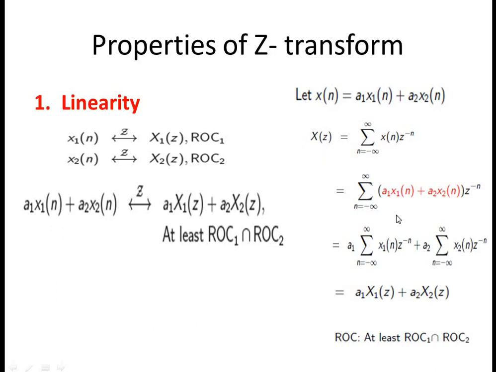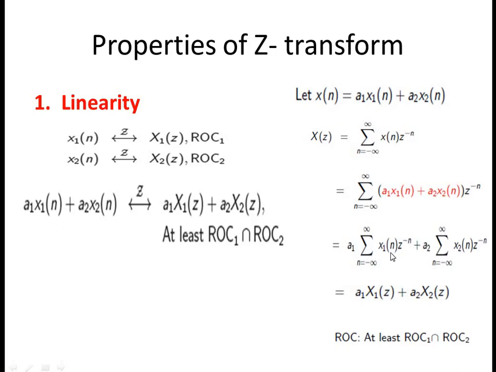After replacing, a1 and a2 are constants, so we can take them out of the summation block, and here we have x1 of n into z power minus n, like here too we have x2 of n into z power minus n, and this is also looking like the general form. All we are going to do is try to make all the steps look like the general form. This is what we do in all the proofs of the properties.